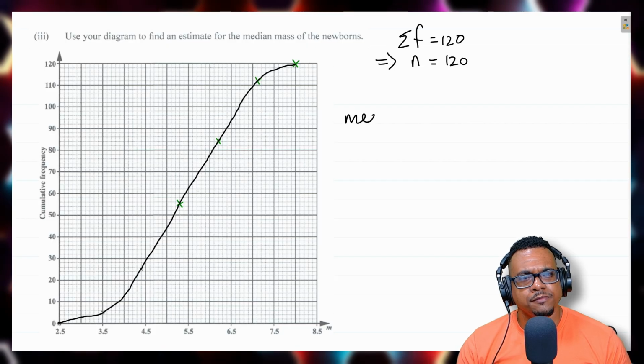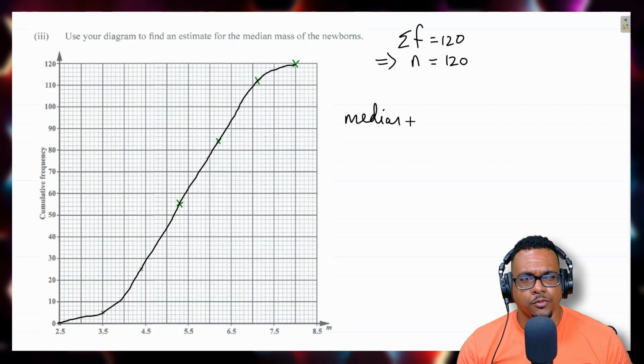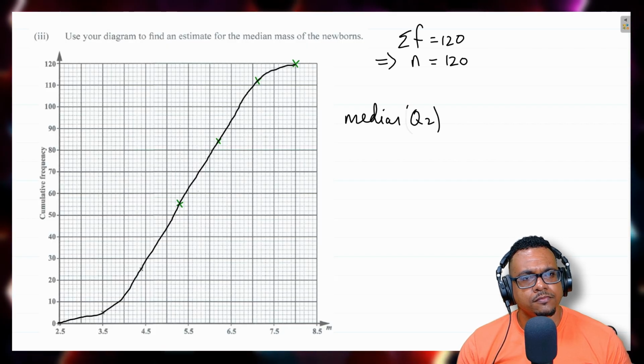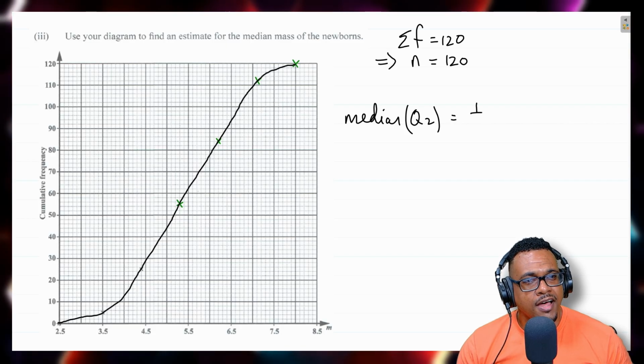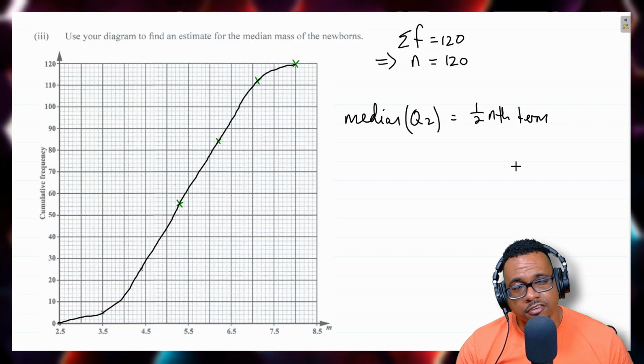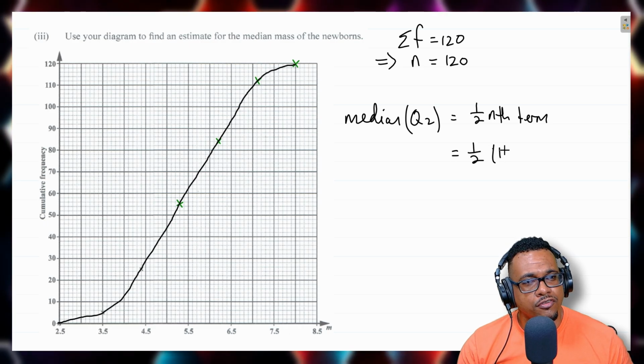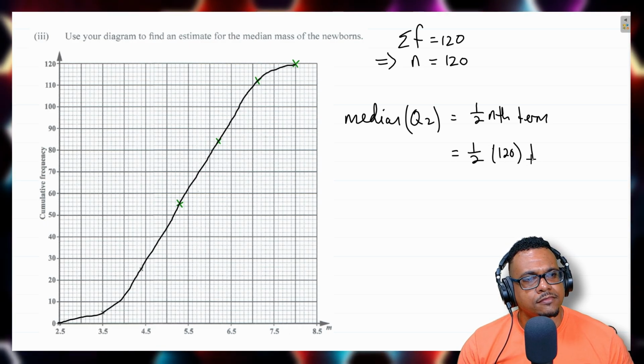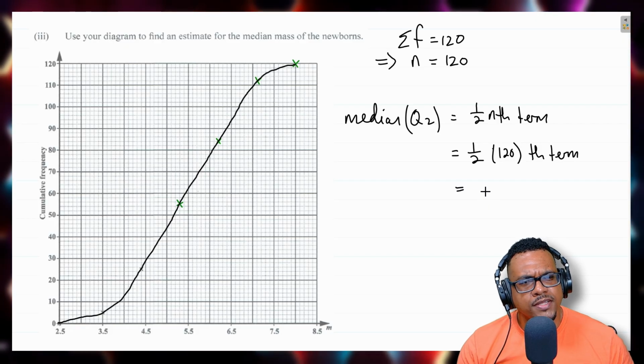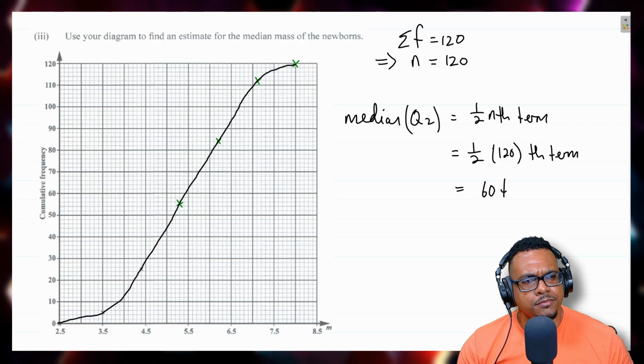So our median, which is our second quartile, Q2, is equal to a half of the nth term. And we have 120 terms. So that's a half of 120. And a half of 120 is 60, so it's the 60th term.